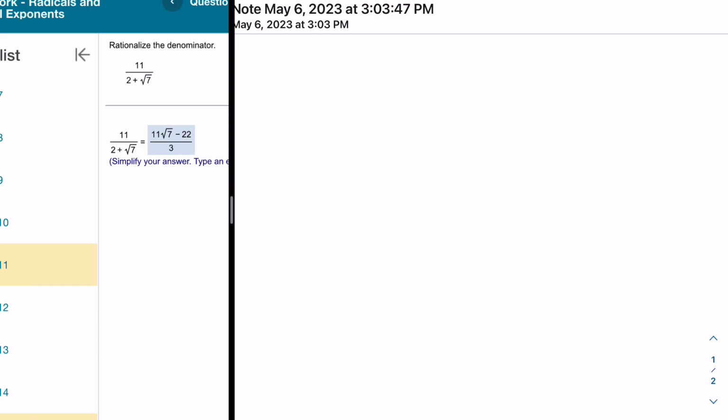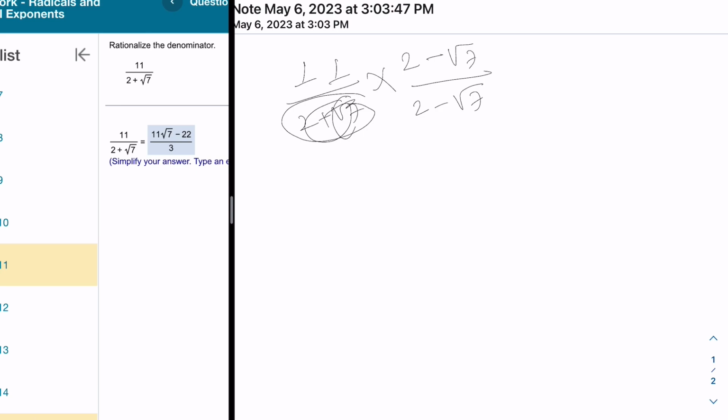Now let's try to solve this. 11 over 2 plus root 7. So multiply and divide by the conjugate, right? If you multiply and divide by the same term, we cannot get this root 7 out, right?